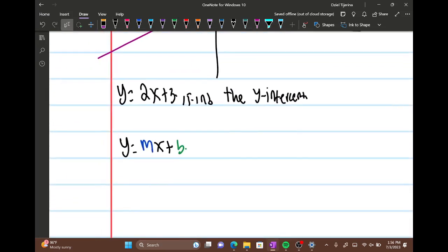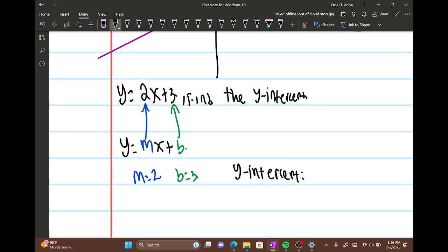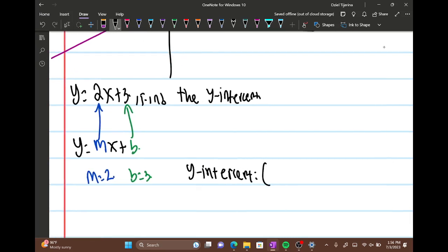In this case, this is my m, so I know m is 2, and my b is actually my y-intercept, so b is equal to 3. Some people like to say y equals b, others like to name it as a coordinate, so there are two ways to say this. My y-intercept is going to be at 0, comma 3, because b is equal to 3 in this case.